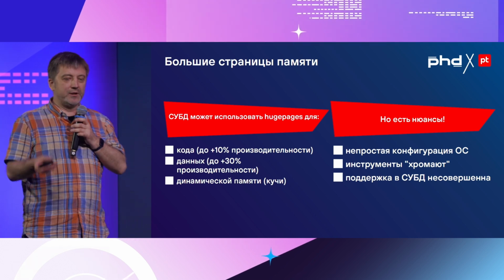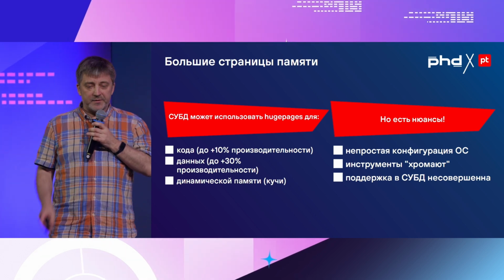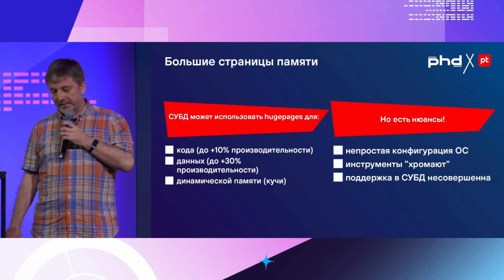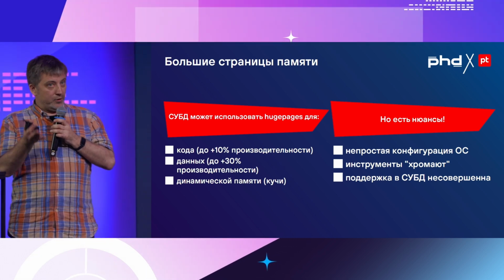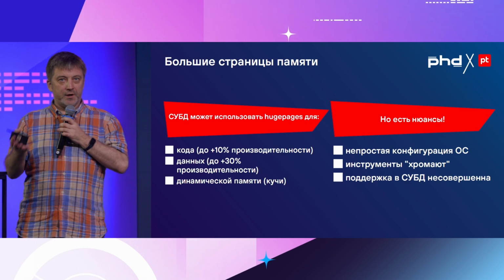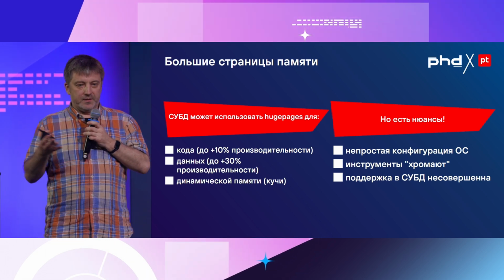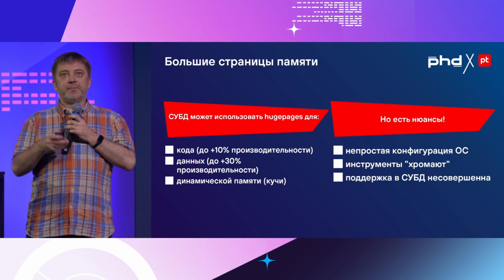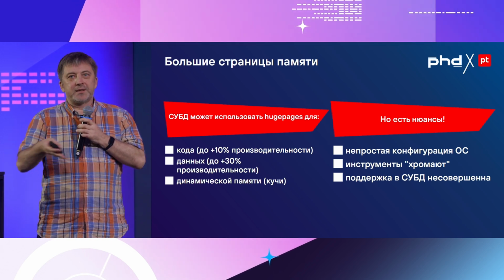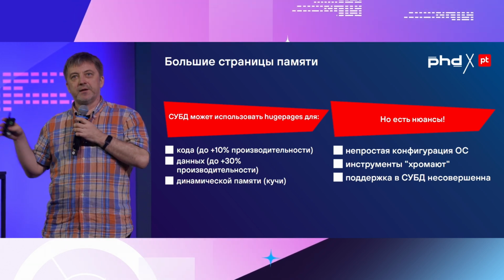I don't know of a single database that uses huge memory pages for such buffers, and we're going to experiment there and see what turns up. But in spite of all these good numbers, such as plus 10%, plus 30%, there are companies who are prepared to kill for 5% of performance gain.